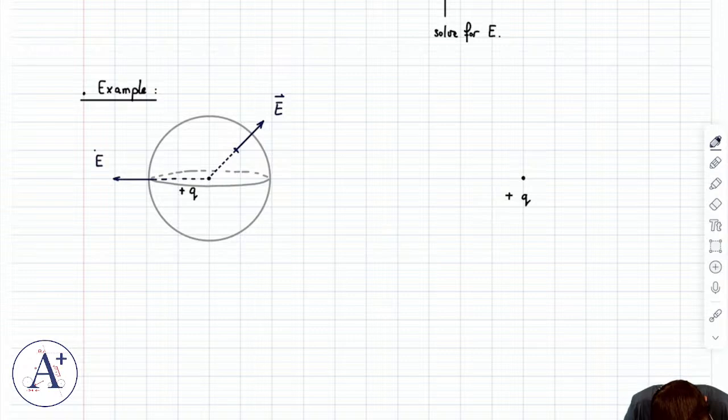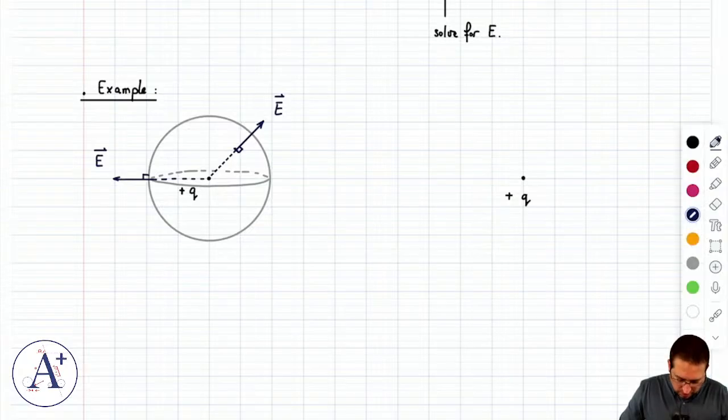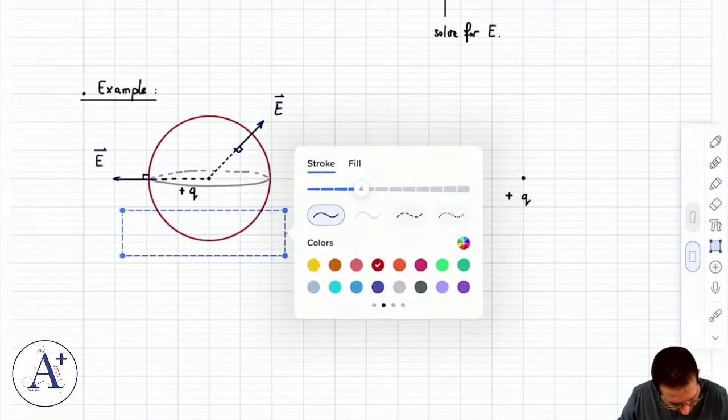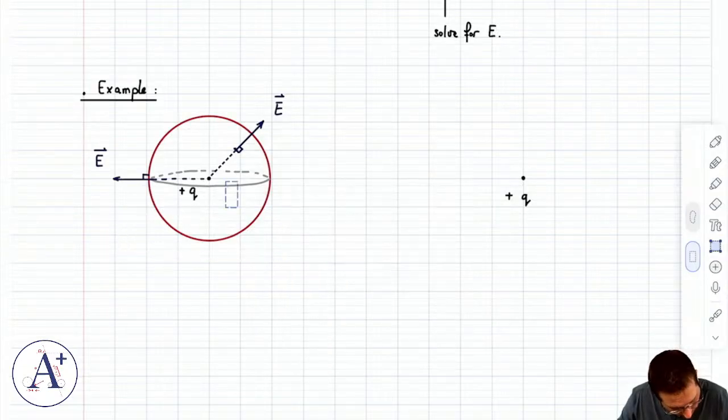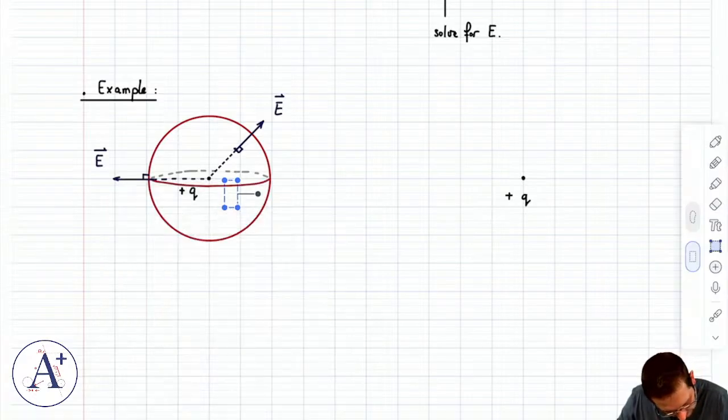And in fact, an interesting property is that it's also going to be perpendicular to the surface of the sphere everywhere. So this sphere is actually a good choice, because everywhere on the surface of the sphere, E is constant in magnitude, but also in direction.